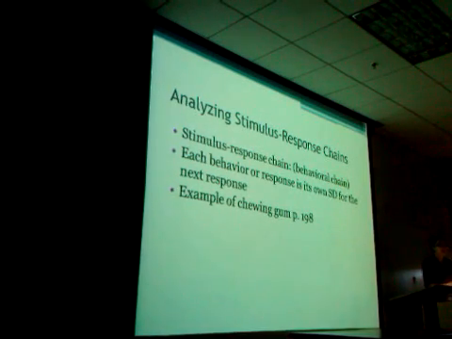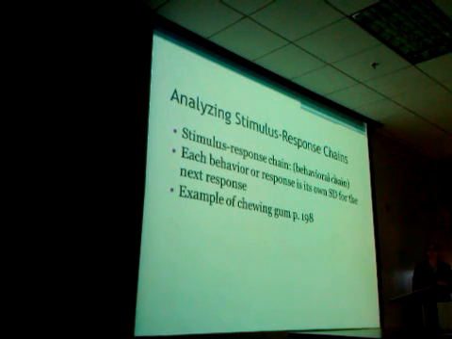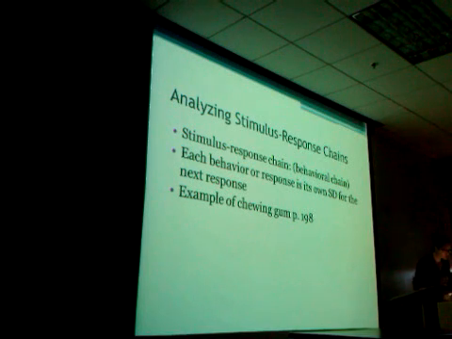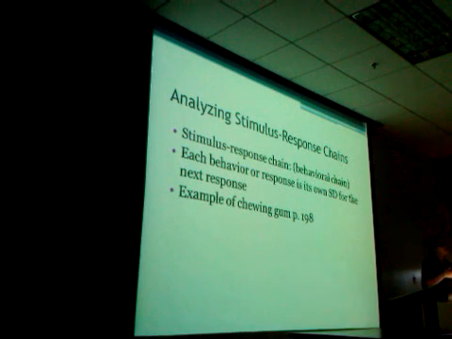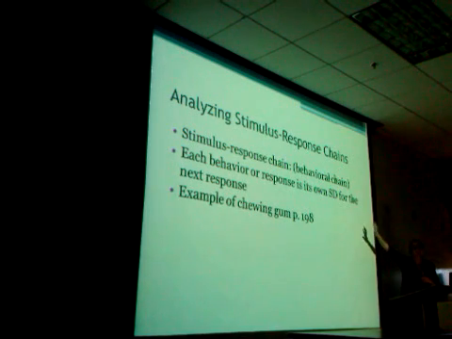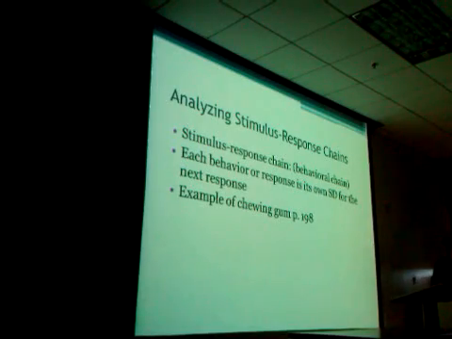I'm going to show you so that it's clear. On page 198, if you have your book, you can turn to that page. In the middle of the page, it shows you an example of the SR chain.